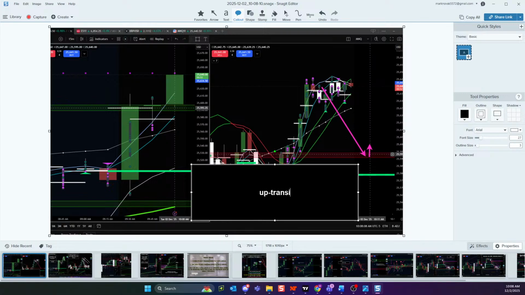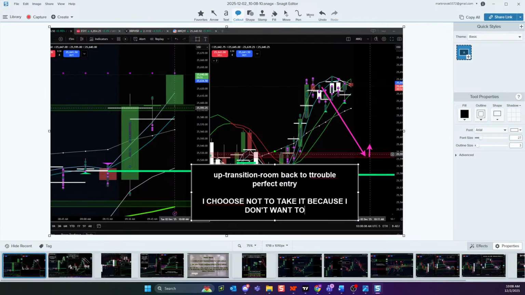It's transition. Room back to trouble. Perfect entry. I choose not to take it. Jen, it's your right to not take that entry because it's already hit the zone, right? It's your right to just sit on your hands and do nothing.